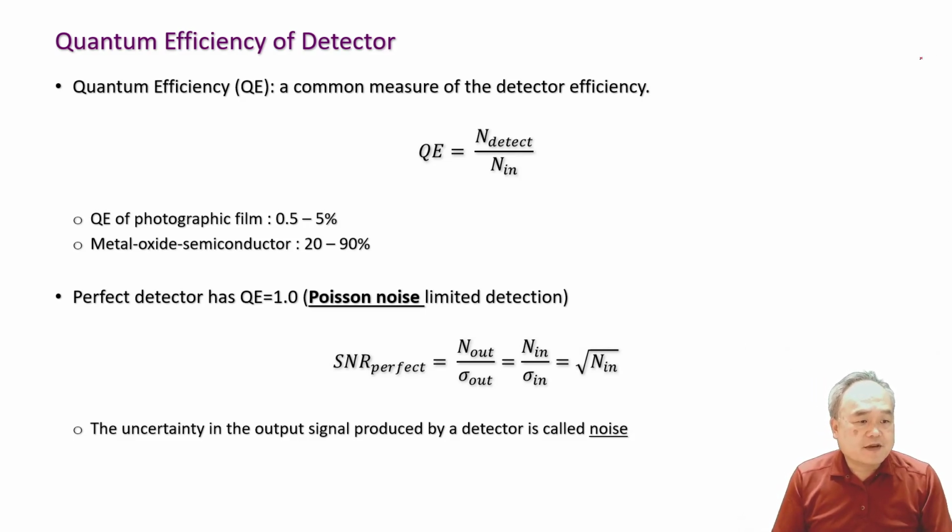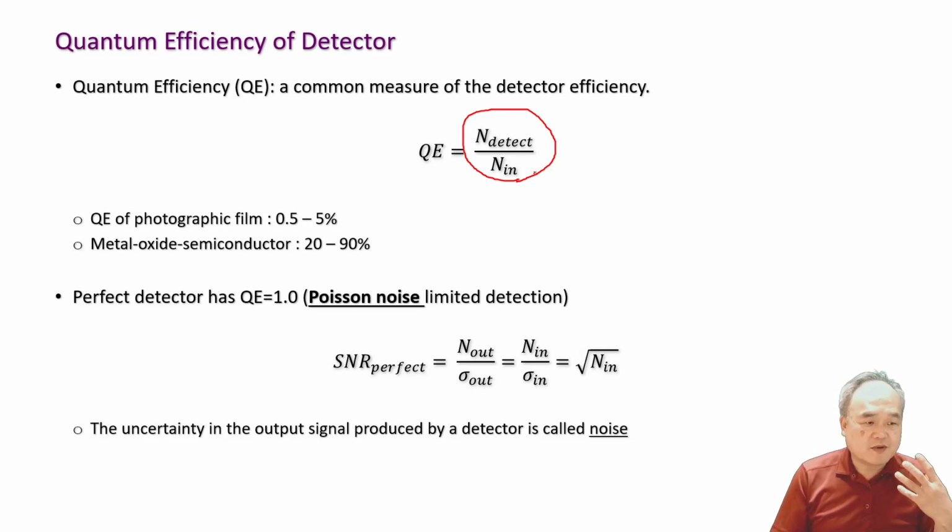So we can think about the ratio, the number of photons detected divided by the number of incoming photons. If 100% of the incoming photons are detected, then the quantum efficiency is 100%. That's the perfect detector, right?